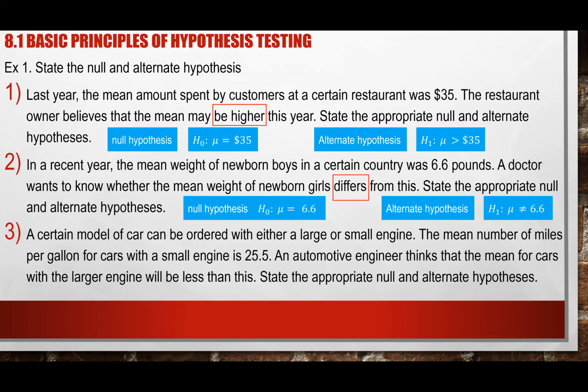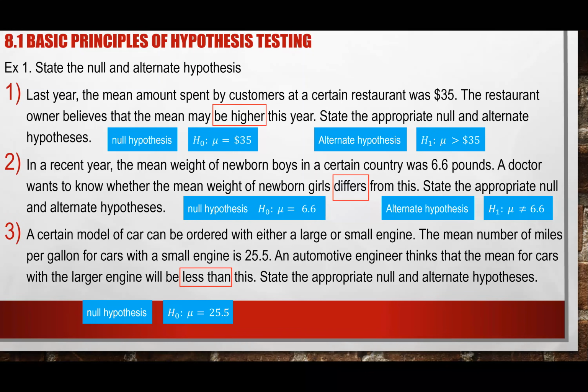The last one, number 3: the mean number of miles per gallon for a car with a small engine is 25.5, which is related to the small engine sample. The engineer thinks the mean for a car with a large engine will be less than that. So the null hypothesis is H sub 0: mu equals 25.5.